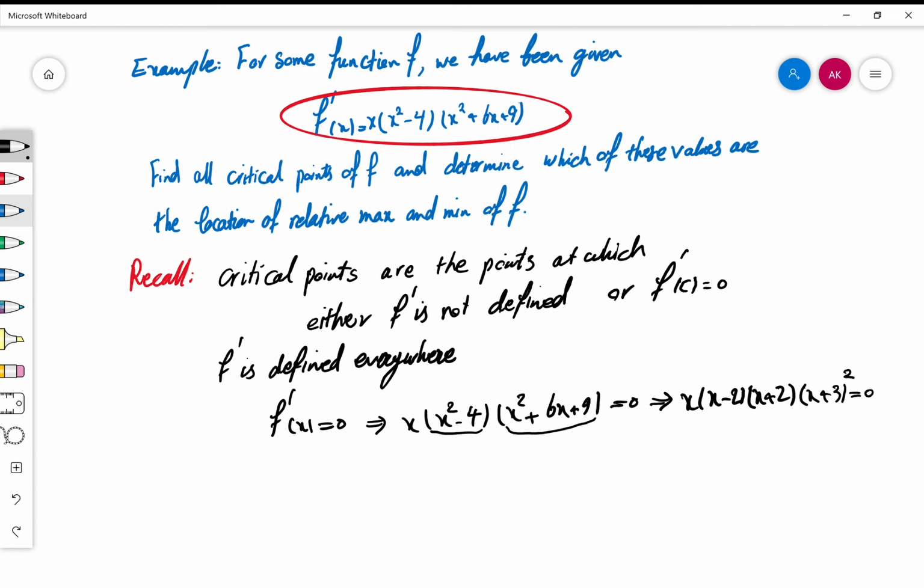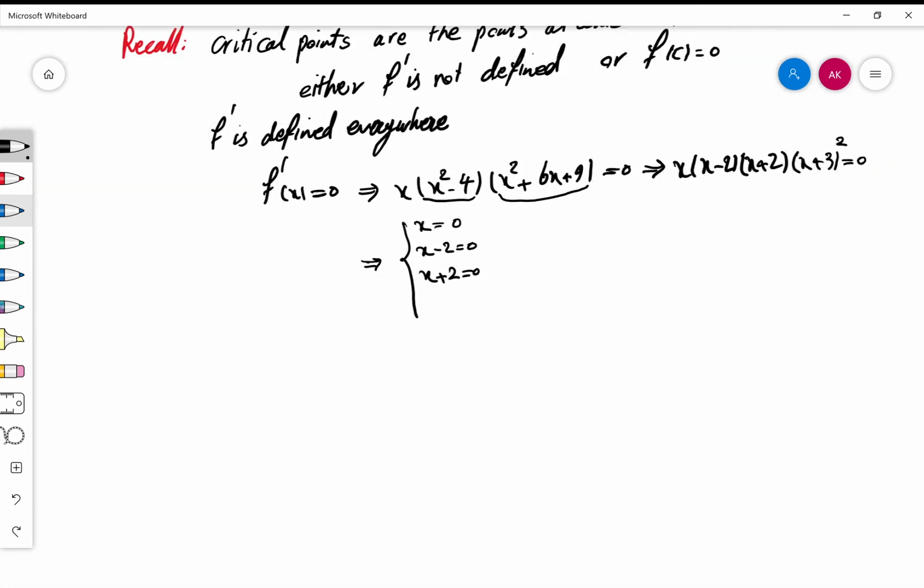And if this is equal to 0, we have 4 points, which either x is equal to 0, x minus 2 is equal to 0, x plus 2 is equal to 0, or x plus 3 is equal to 0.